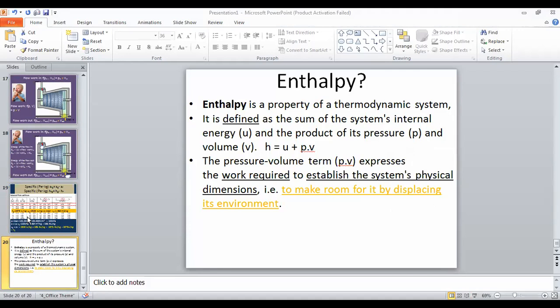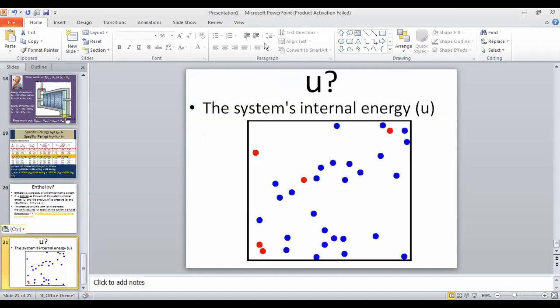About U, internal energy is temperature dependent. It's a temperature dependent energy. Temperature dependence means that because of the kinetics, the particle movements, there's a kinetic energy, a lot, because there are billions of particles together.